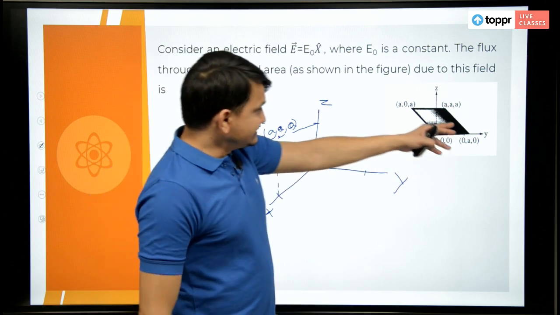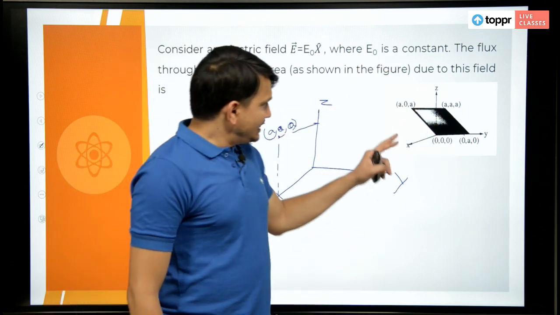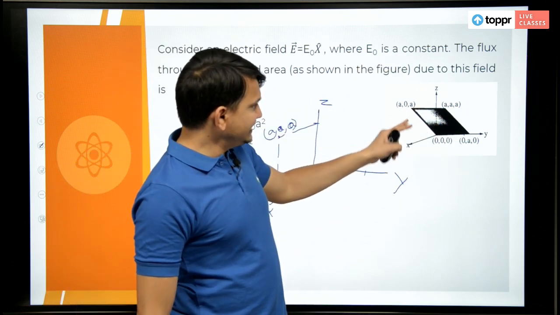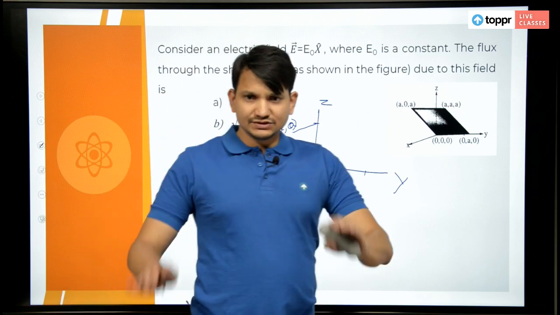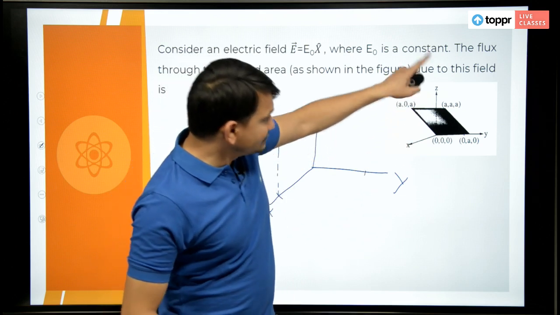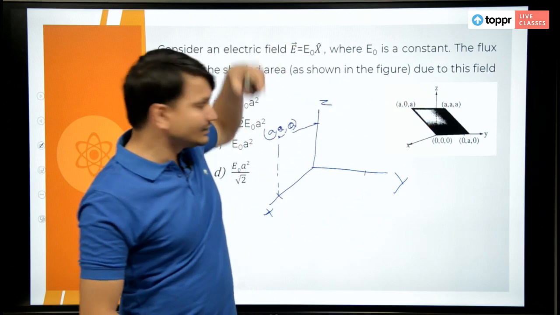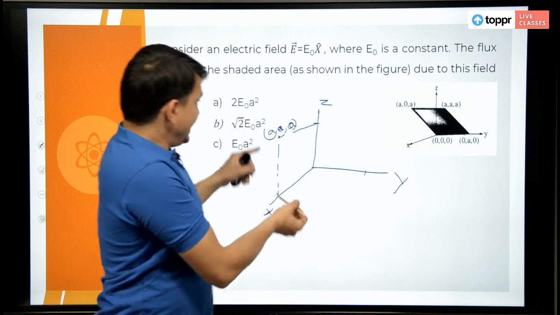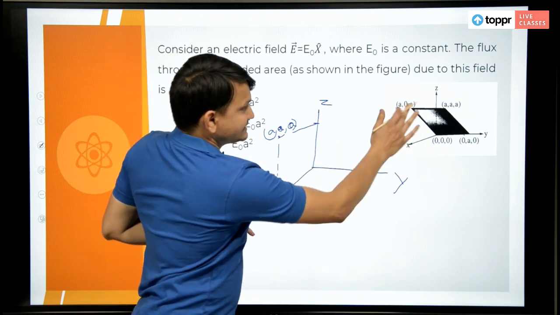Now let's consider its height. You can see that its height goes somehow slant upward. It's not exactly on z, it's not exactly on x, it's on the xz plane.